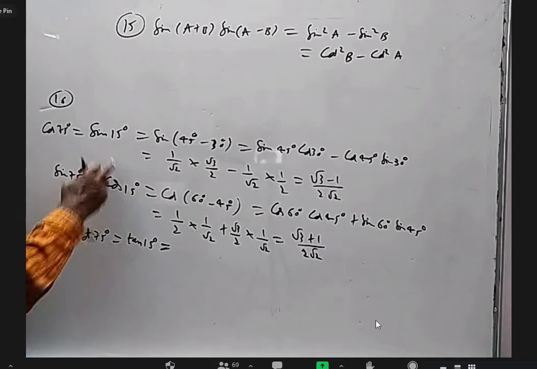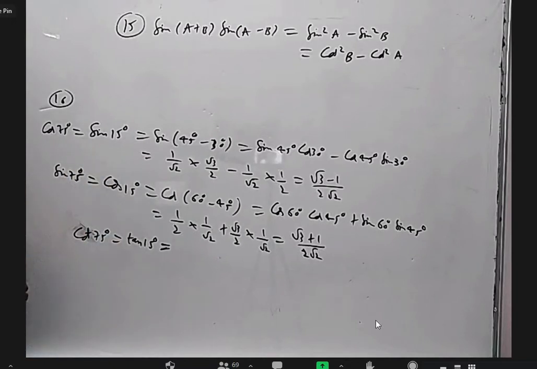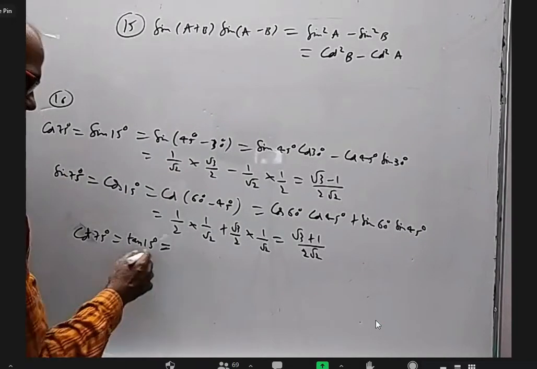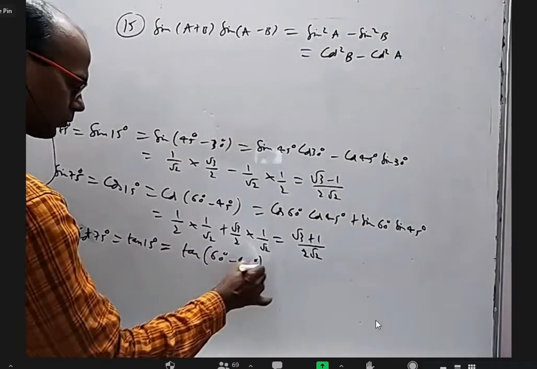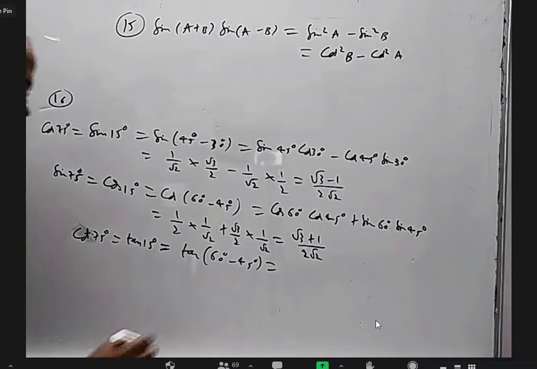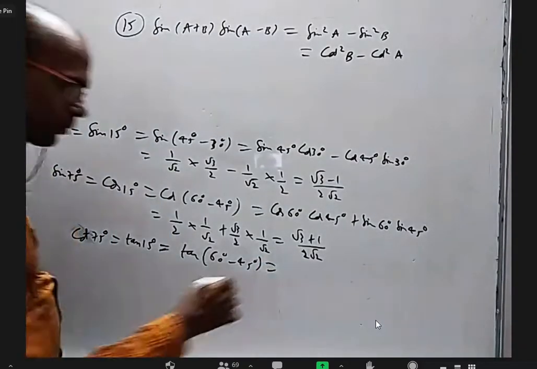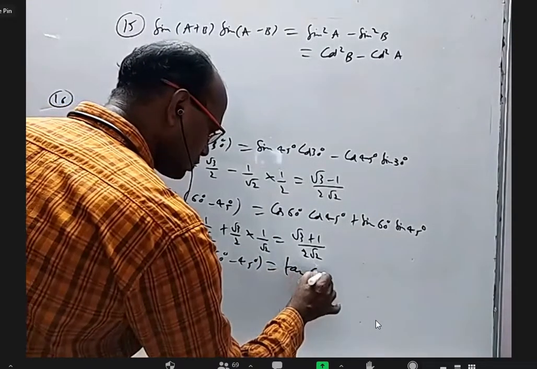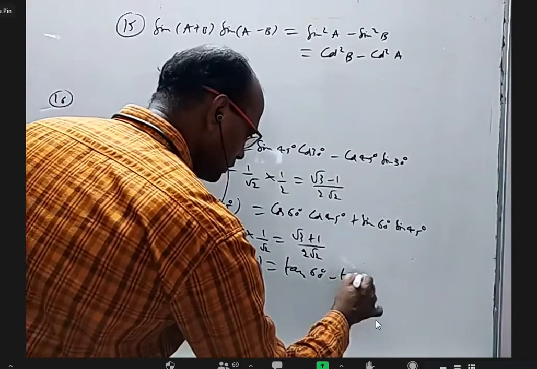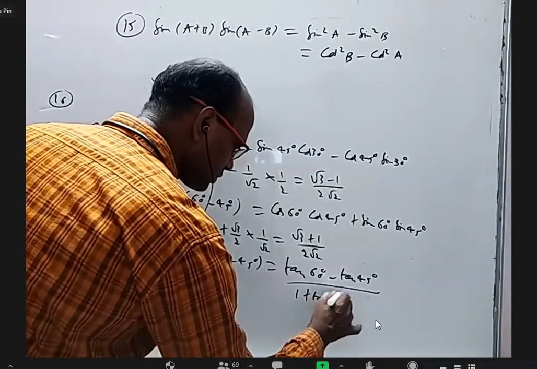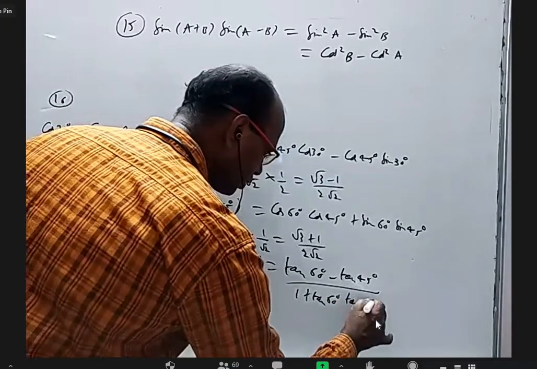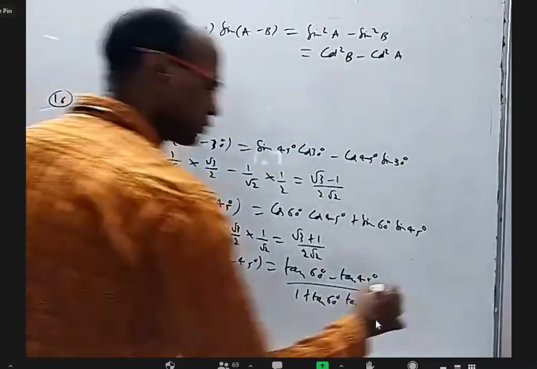Tan 15, I can write as tan 15 by cos 15, or directly I can write tan 45 minus 30, anything is okay. So let me write tan of 60 minus 45. It will be tan 60 minus tan 45 over 1 plus tan 60 into tan 45. Tan 60 is root 3.